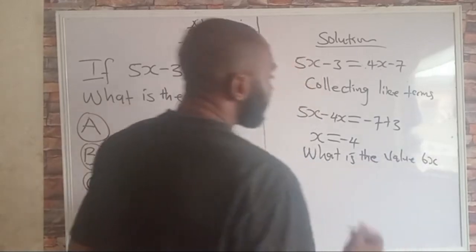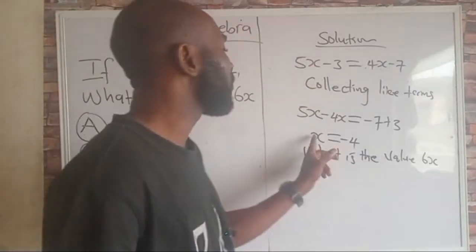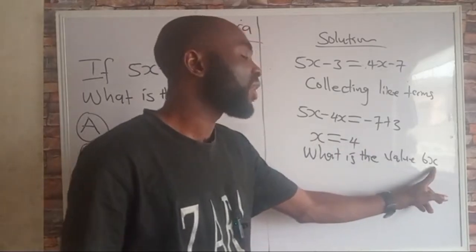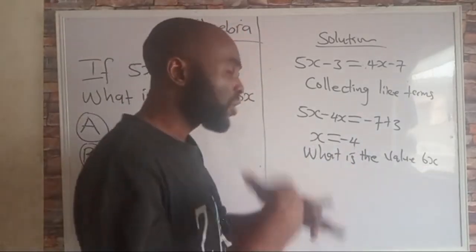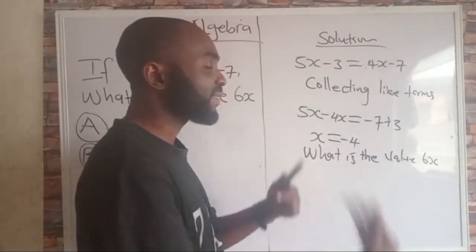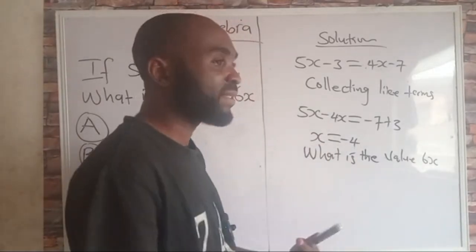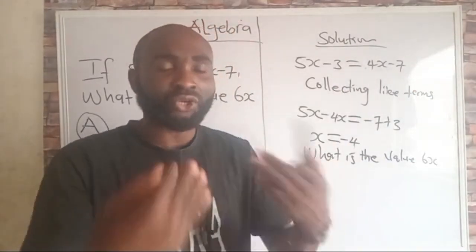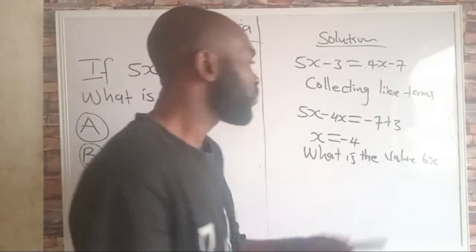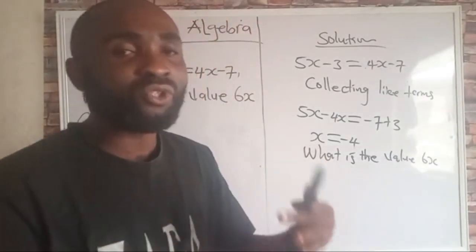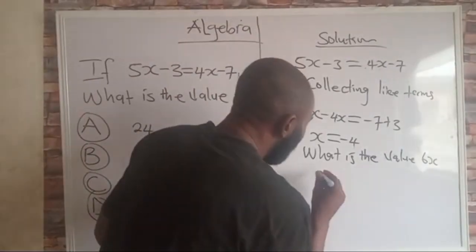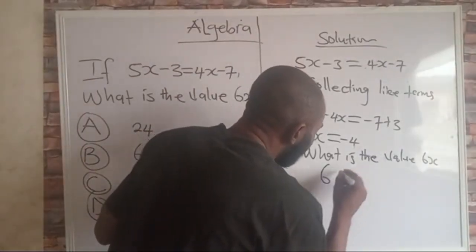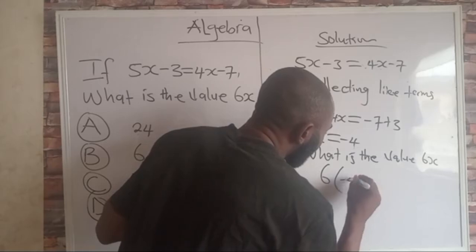What is the value of 6x? Which means since you now know the value of x, where you see x, you insert the value. Since x is equal to minus 4, wherever you see x, you can write minus 4. They are the same thing. If I'm equal to you, which means you're equal to me. So here we now have 6, bracket open, minus 4.